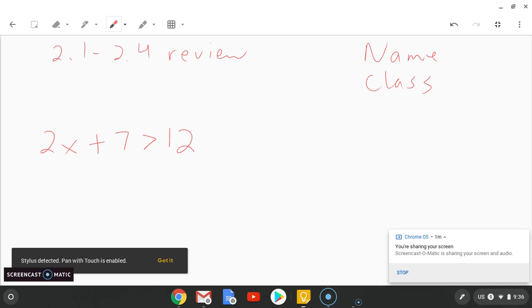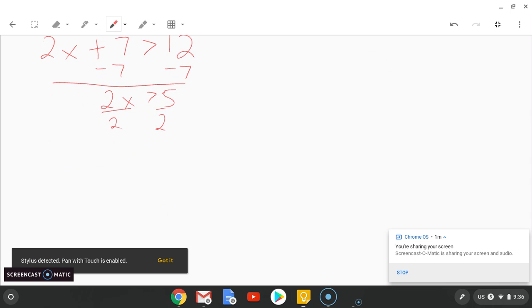Okay, so for this one, we're going to start by subtracting the 7 from both sides. So I have 2x is greater than, and then 12 minus 7 is 5. From there, then, we just need to divide both sides by 2, and we end up with x is greater than 2.5. You could leave it as 5 over 2.